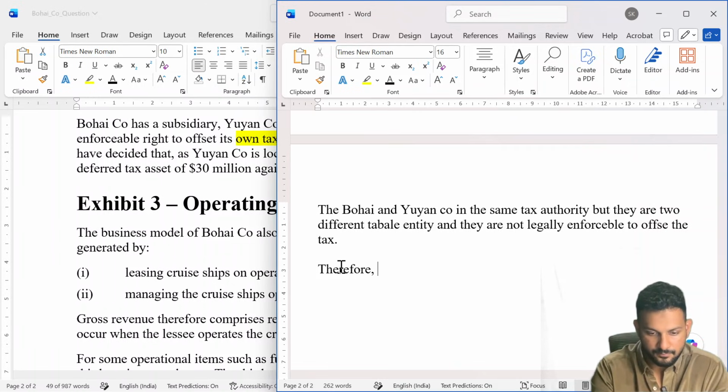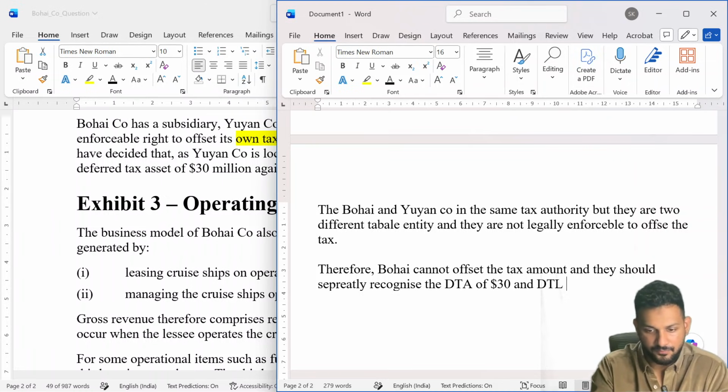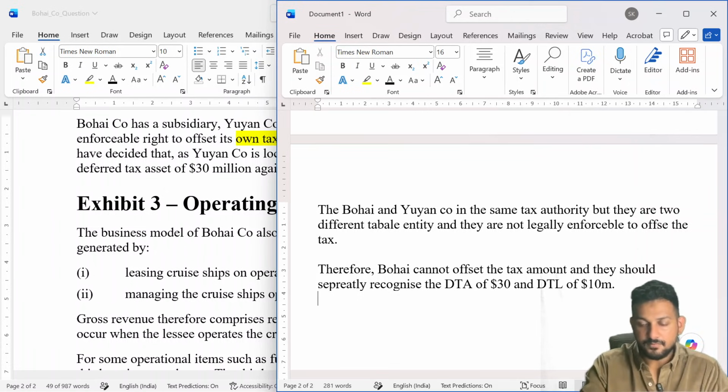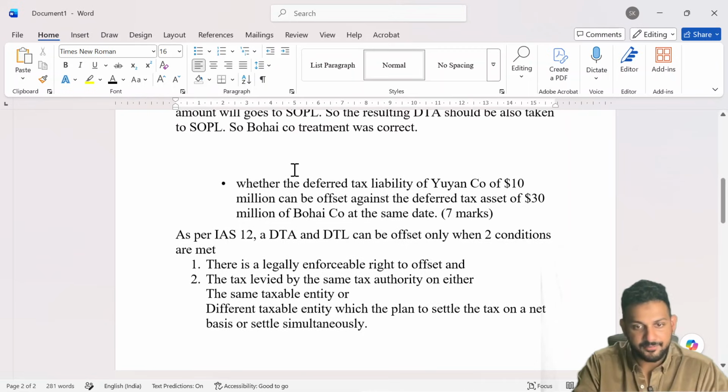Therefore, Bohai cannot offset the tax amount, and they should separately recognize the deferred tax asset of 30 million and deferred tax liability of 10 million. Okay, that's it. Done. I hope it's clear.